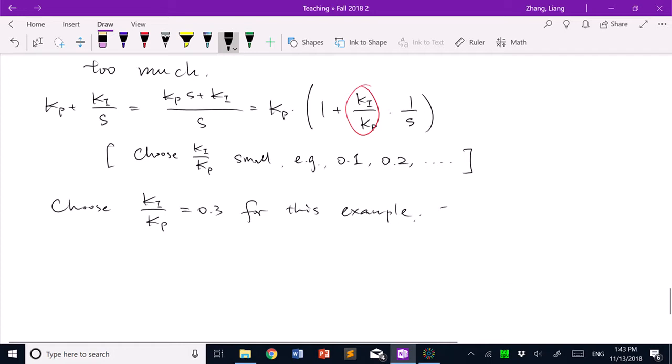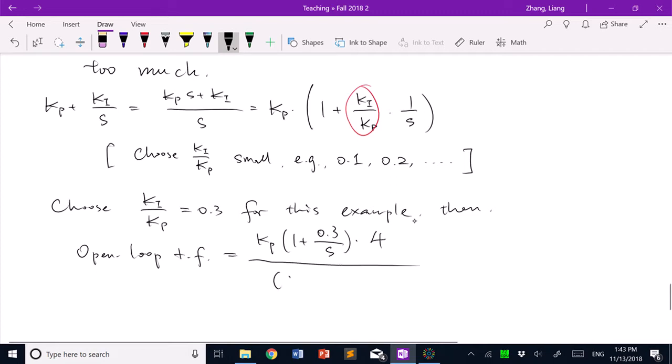Then the open loop transfer function becomes your controller Kp times 1 plus 0.3 divided by s, so this is my controller, times 4, and divided by what we have earlier, s plus 2, s plus 3.